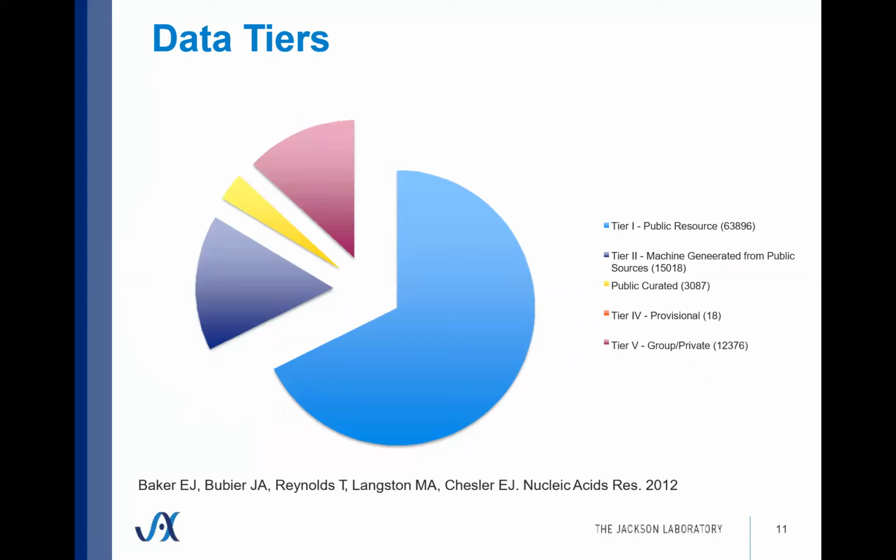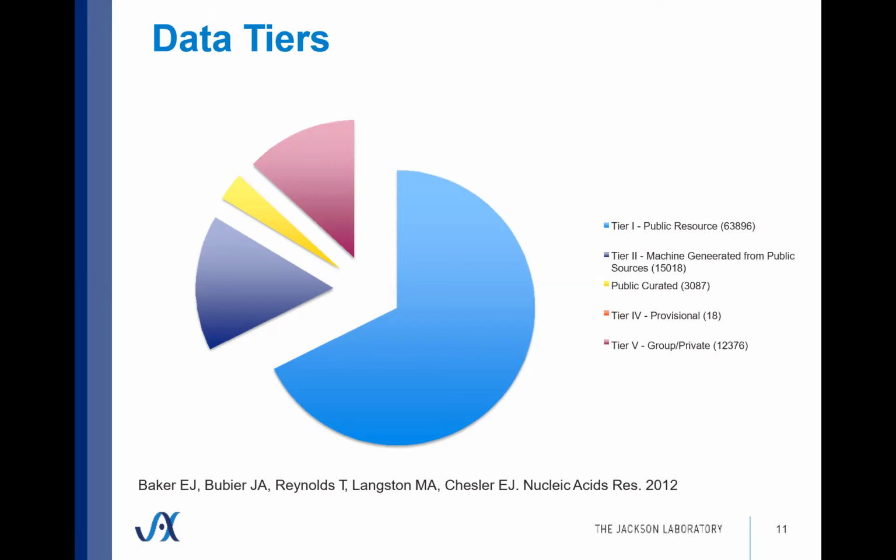We have taken from a high quality curated public resource, data that was machine generated by processing a public resource. So for this group in genenetwork.org, if we run a correlation of a trait to gene expression in a brain tissue, if we do that in mass, process all that data and put it into the database, those are tier 2 data for us. That's our unique post-processing and filtering of data from someone else's database. So it's fully reproducible from another database, but it's not exactly what's represented in that database.